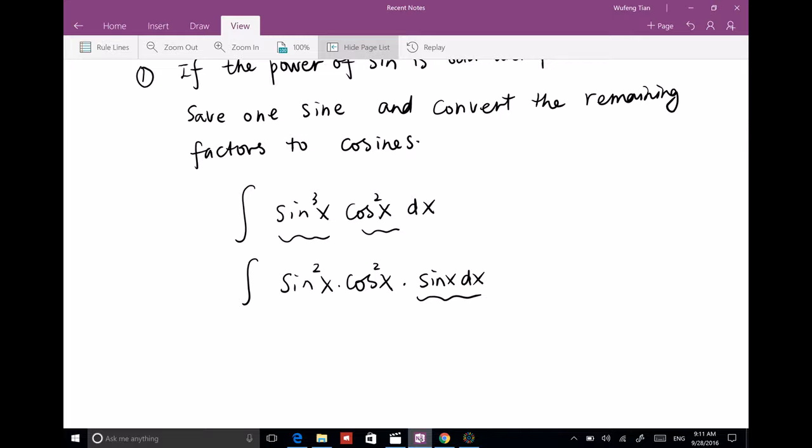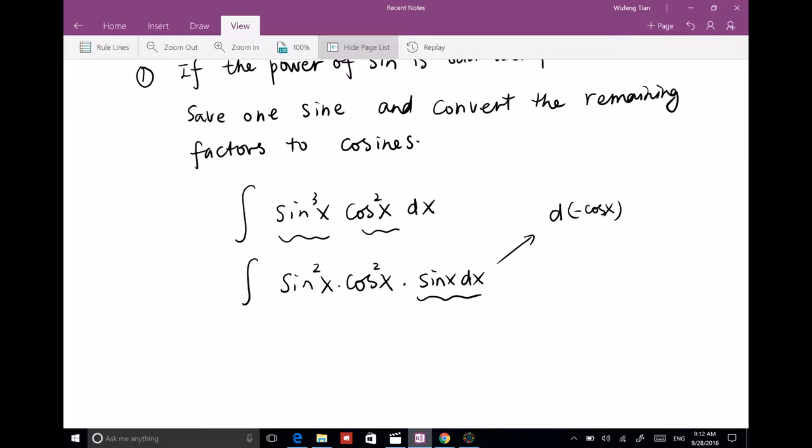However, sine x dx, I can change into d of cosine x with the negative sign, because the derivative of cosine equals negative sine.